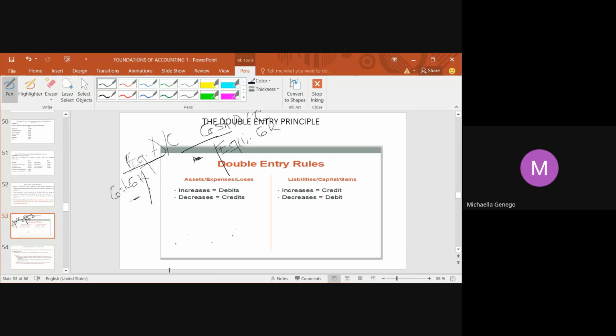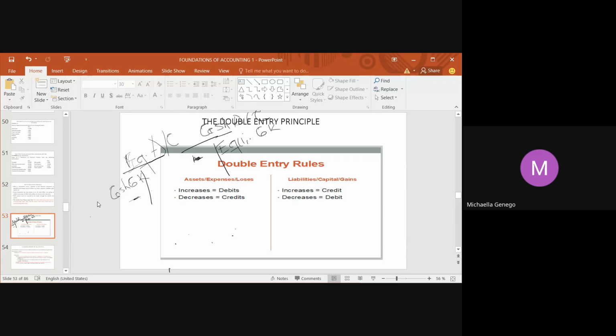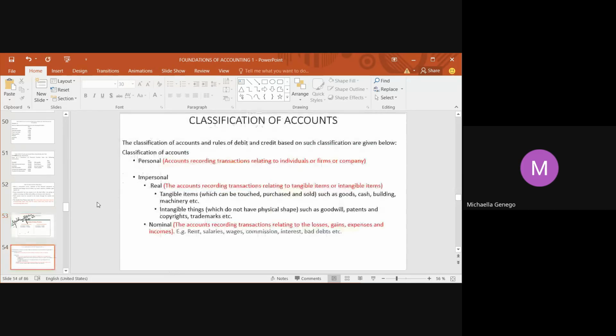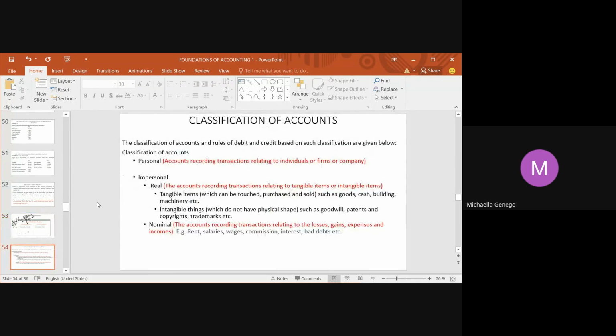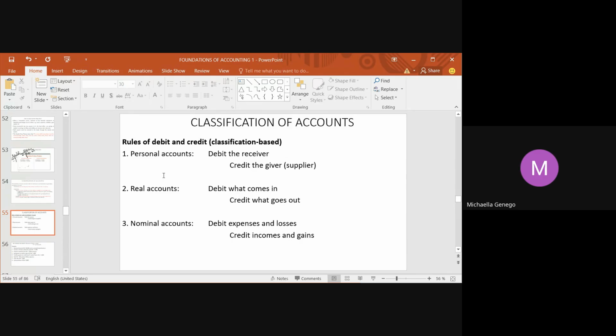So you first have to know the accounts you are opening before you can go ahead to put in your entries. So this slide is what is telling us that. Let me solve an example to make it a bit clearer before we come here.